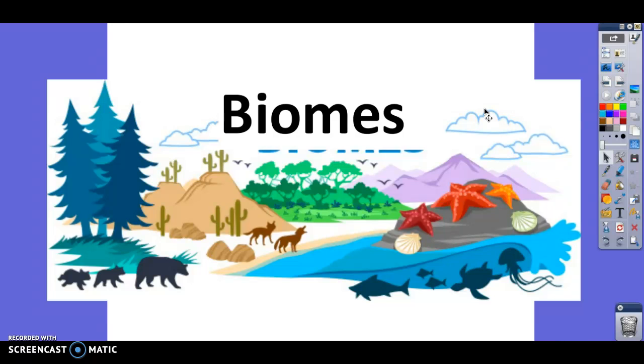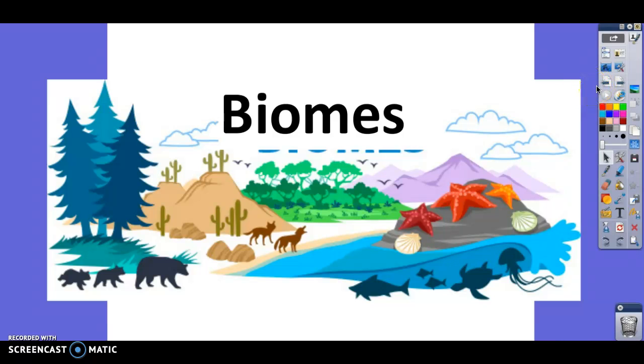We can't digest those, so we can't get the energy. And the last thing we talked about is that organisms use energy in order to live. So some of their energy goes out into the environment or allows them to run or digest food. That is another reason why some of their energy doesn't get transferred to the next trophic level.